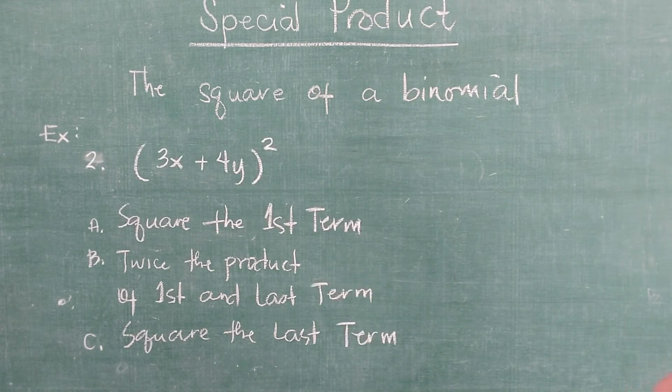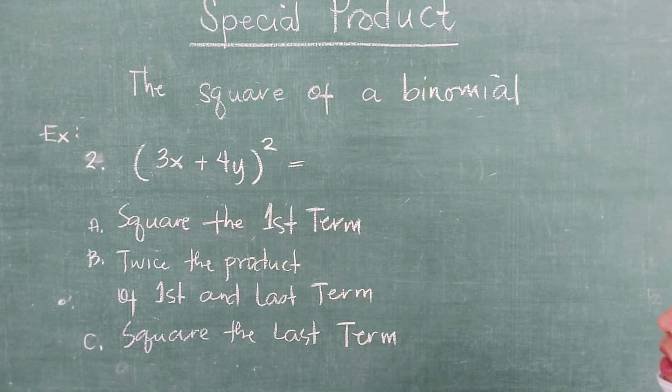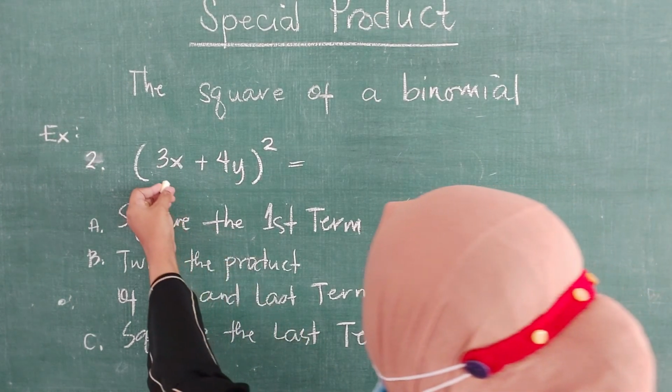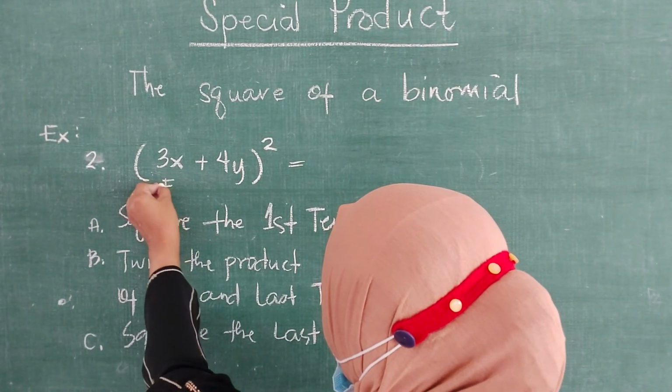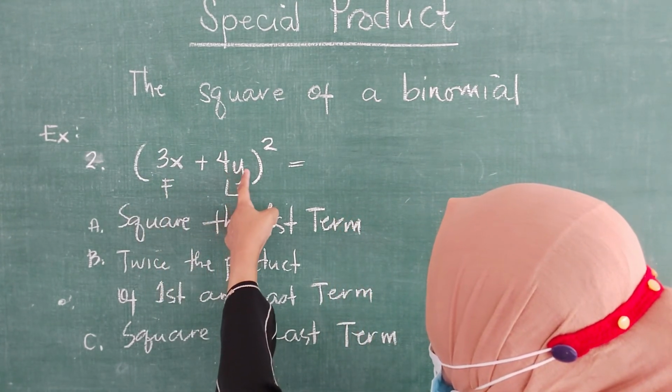Example number 2, (3x plus 4y) quantity squared. First step, square the first term. Before we square the first term, identify what is the first term and what is the last term. So, this is our first term, 3x, and the last term is 4y.